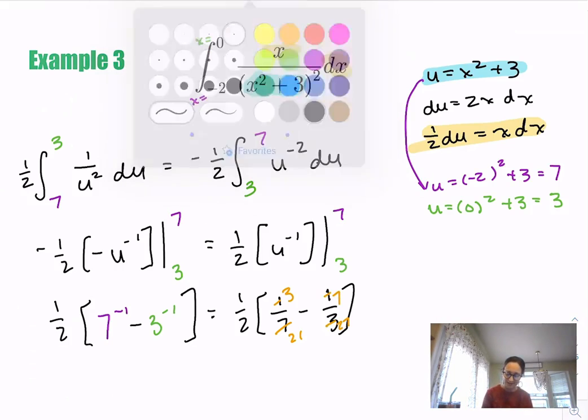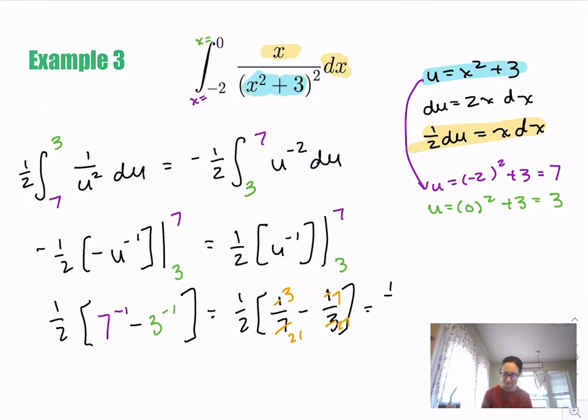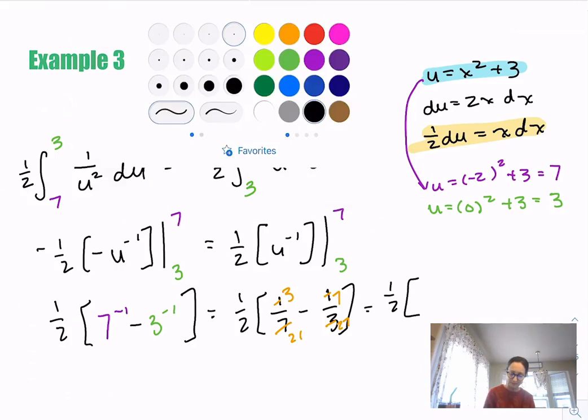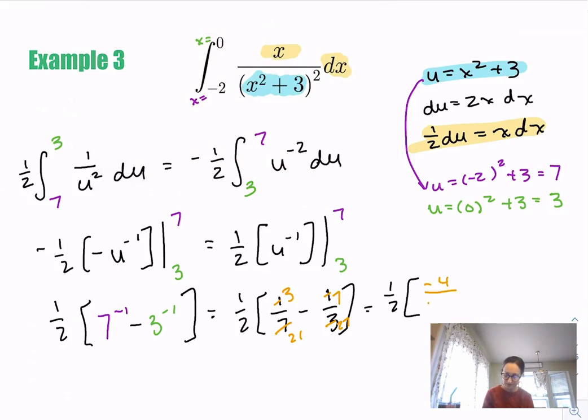So I still have that 1/2 in front. And 3 minus 7 is going to be -4, over 21. So the 4 and the 2 do reduce, so I'm getting negative 2 over 21 as the simplified answer.